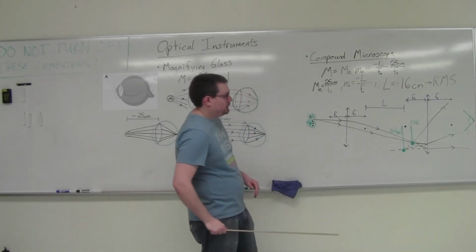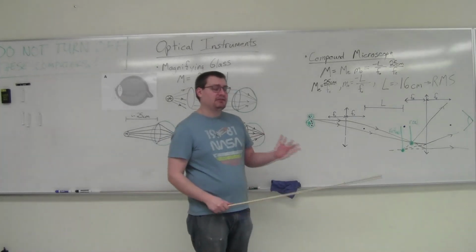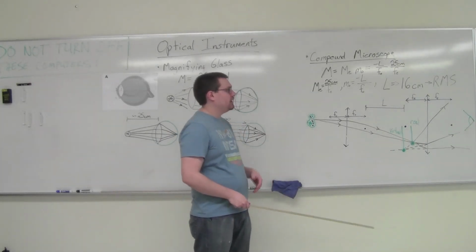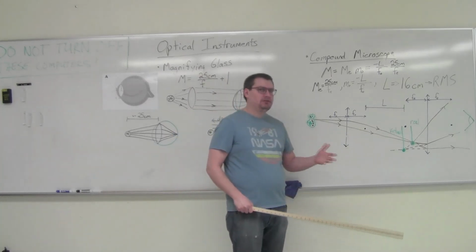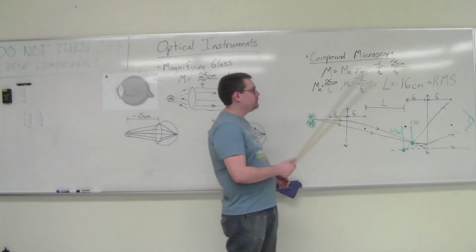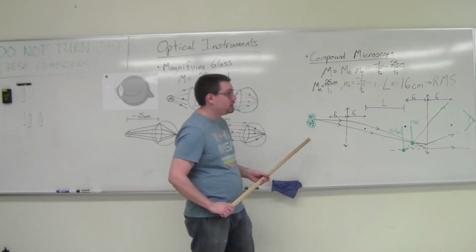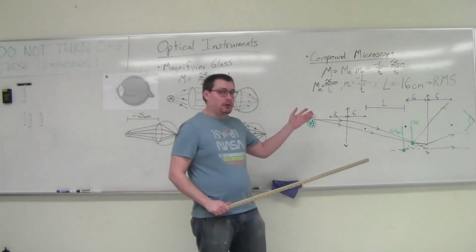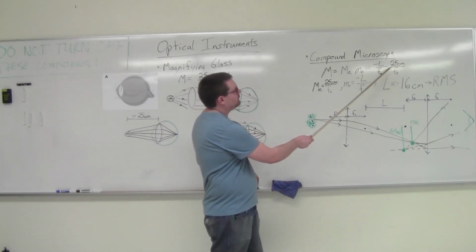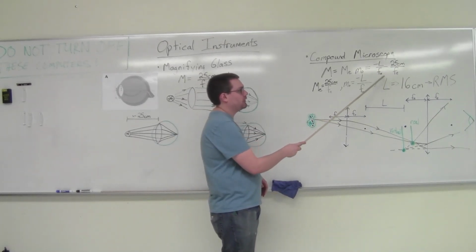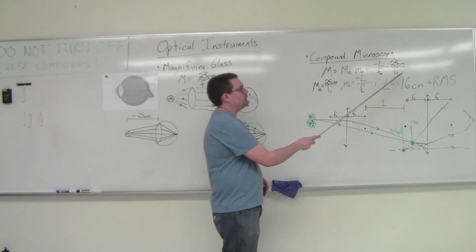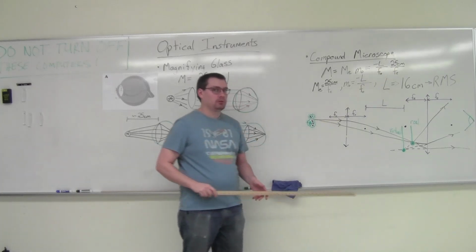The tube length, 16 centimeters, is a standard by the Royal Microscope Society. There's probably a good reason for that, but it can change. There's no real background given in today's class as to why that is 16 centimeters. But we use that, we can put it all together to get this equation here to find our magnification and how we could get greater magnification values by changing our objective, eyepiece, or tube length.